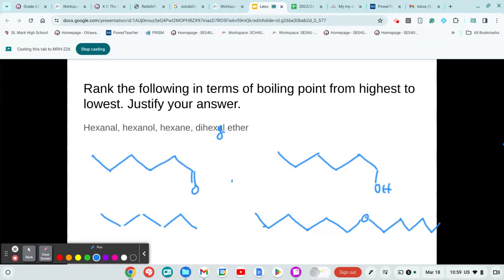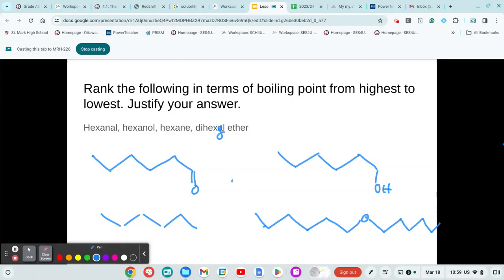Okay, so now I've got all 4 molecules drawn here. Which one do we think has the highest boiling point, the strongest intermolecular forces? The hexanol. It's got oxygen bonded to hydrogen.